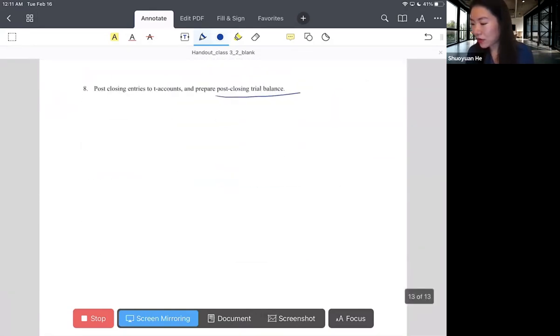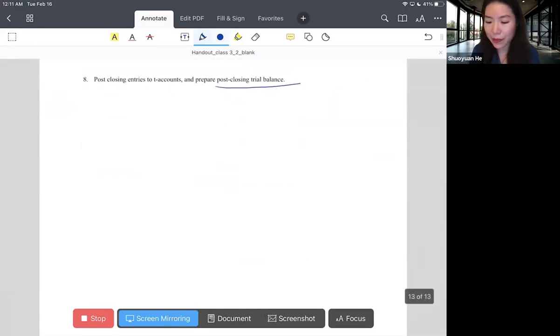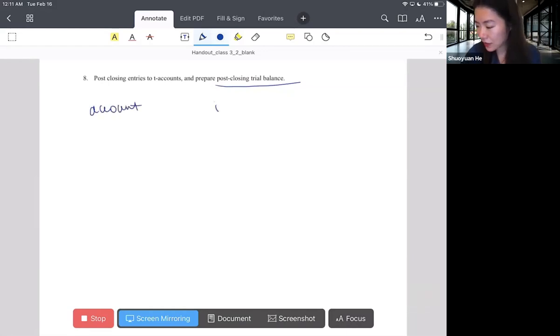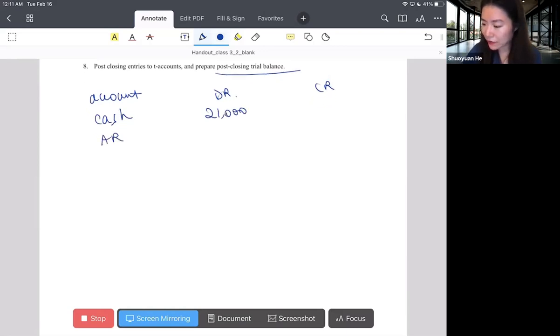So let's write this trial balance again. Account, debit, and credit. We have cash, 22,000. Accounts receivable, 25,000. Prepaid rent, 3,000.